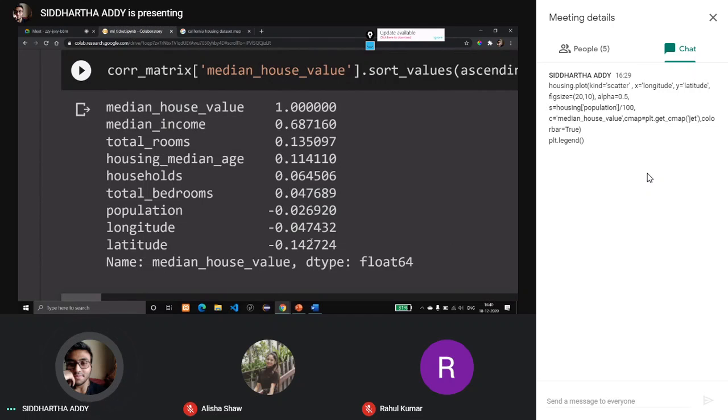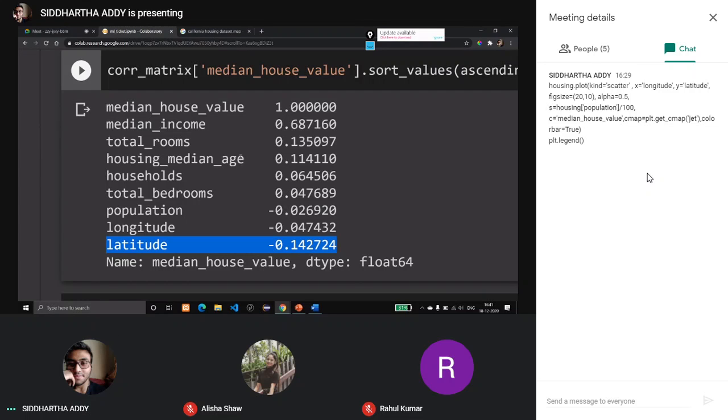Okay, that's okay. So we can see that the median house value is very positively correlated with the median income, and it is also negatively correlated with the latitude. If you cannot understand this latitude thing, as we go far north, we get a negative correlation, that is, as we go north the value decreases.